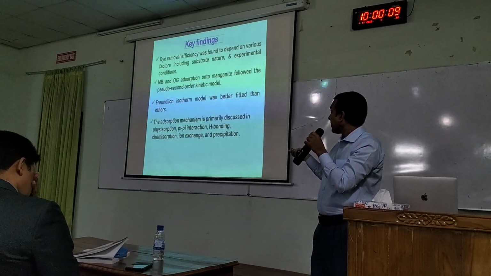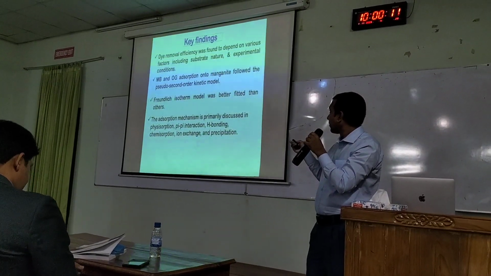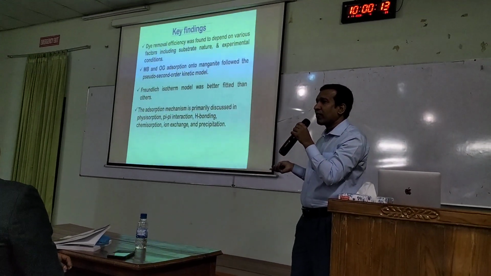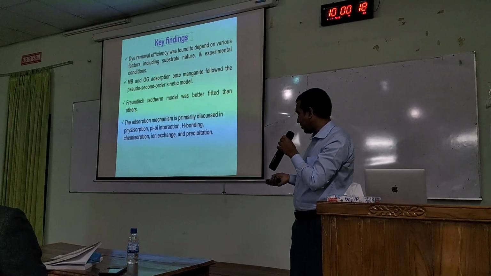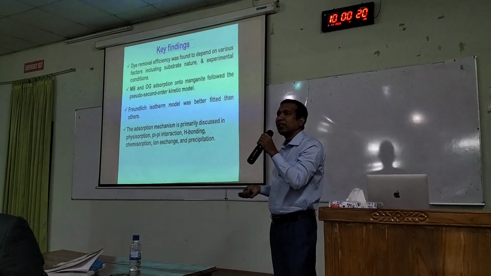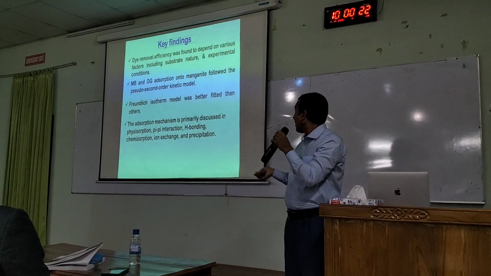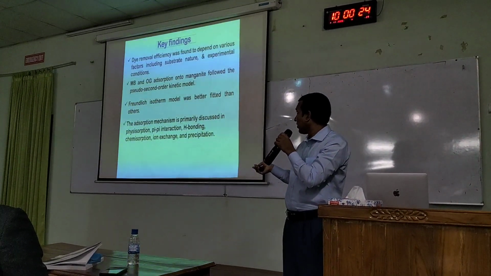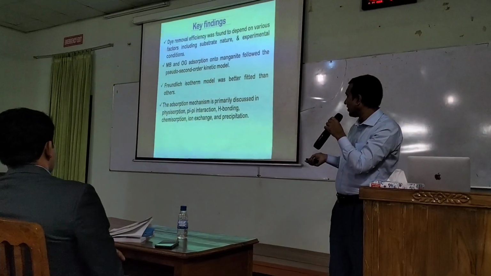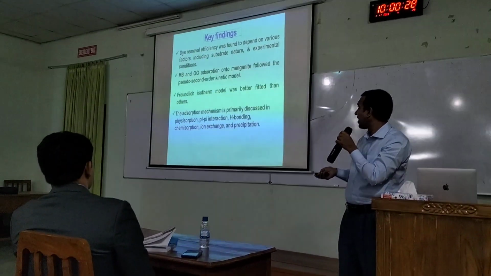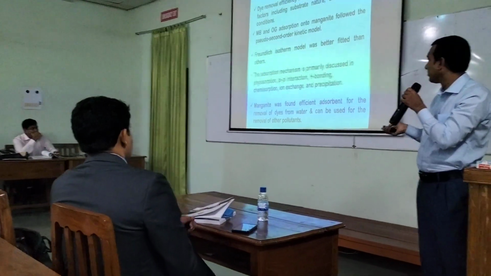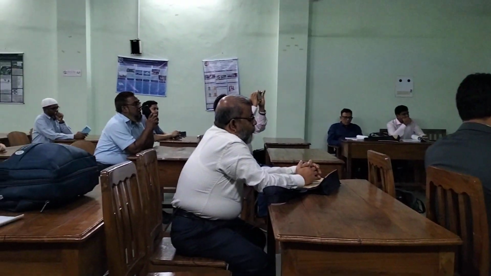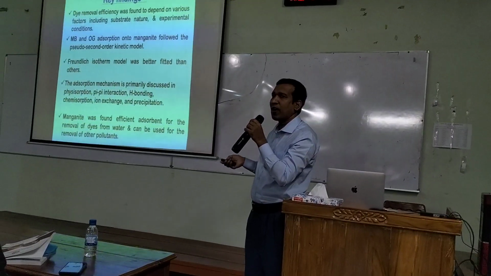And dye degradation data follows the second-order and Freundlich isotherm models, and the adsorption mechanism primarily involves physisorption, hydrogen bonding, chemisorption, ion exchange, and precipitation at higher pH. And we found that manganite was an efficient adsorbent for removal of other dyes.